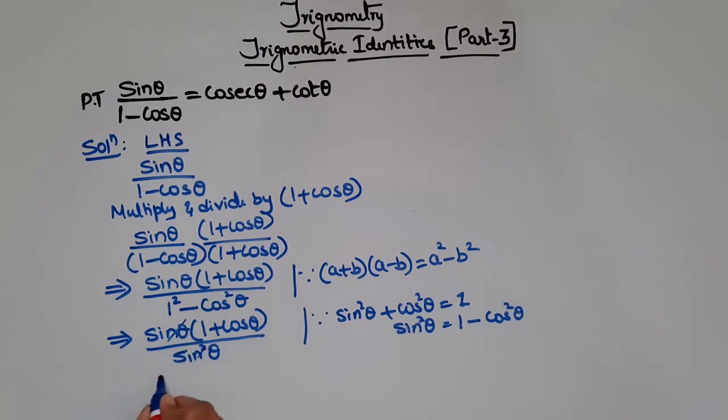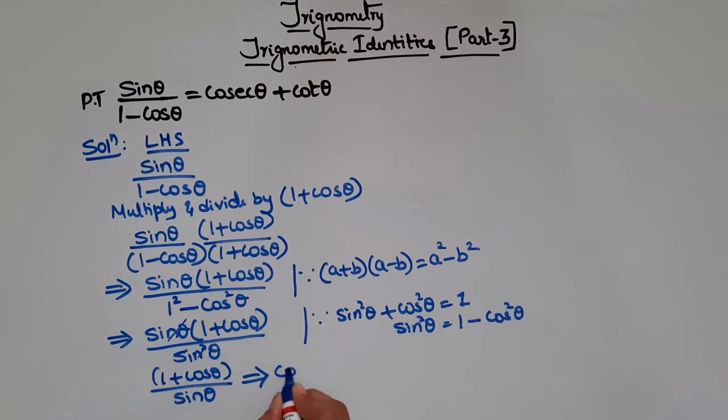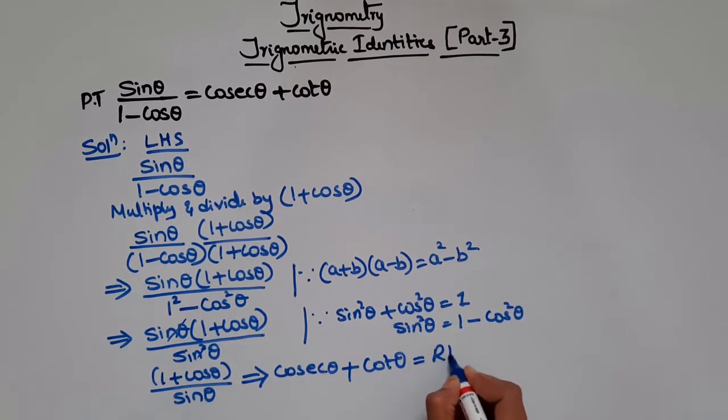So we are left with 1 plus cos theta by sin theta. So this implies 1 by sine, which is nothing but cosecant theta, plus cos theta by sine theta is cot theta. So this is nothing but your RHS.